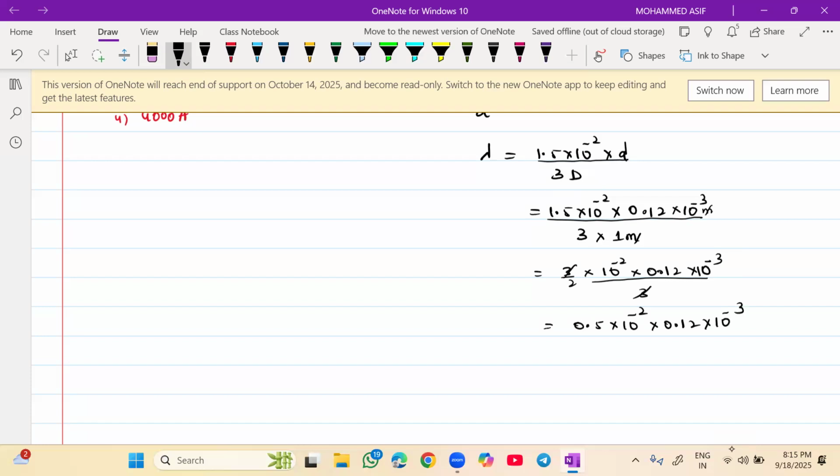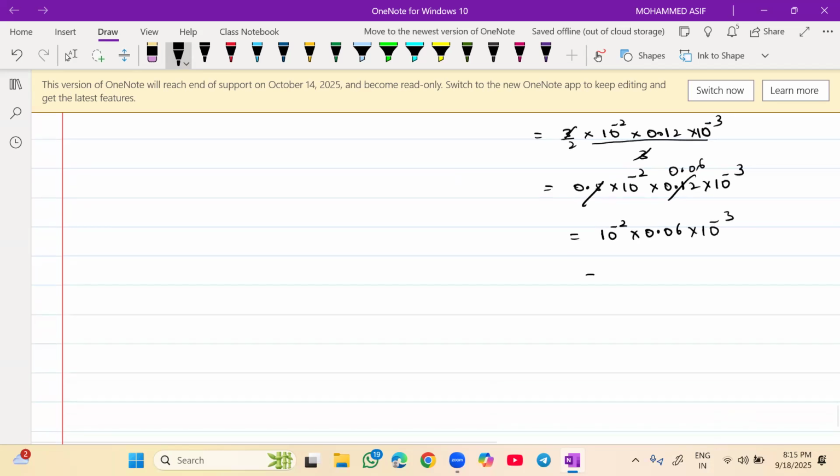Am I clear? So this 0.5 times 0.12 will become for me 0.06. So this will be 10 power minus 2 into 0.06 into 10 power minus 3.